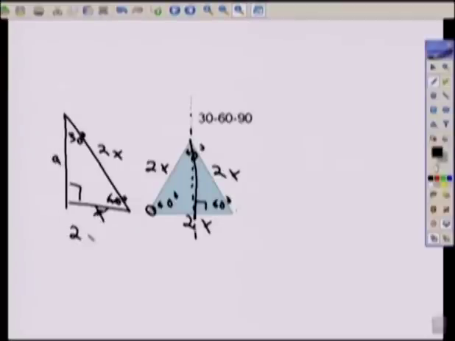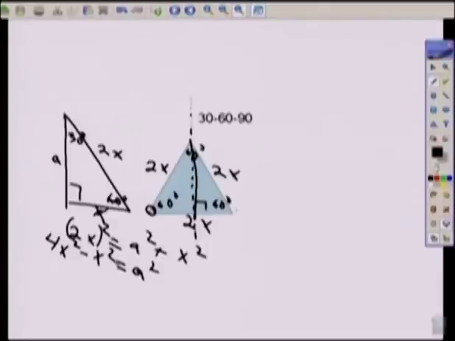So 2x squared is equal to a squared plus x squared. So that side we're looking for, a squared, is equal to 4x squared minus x squared.